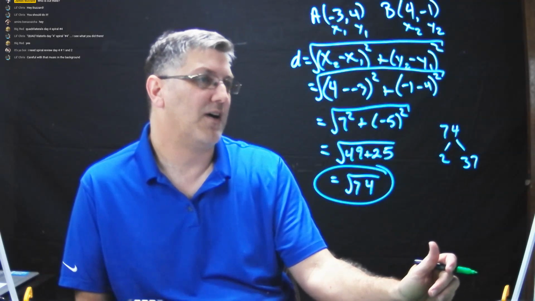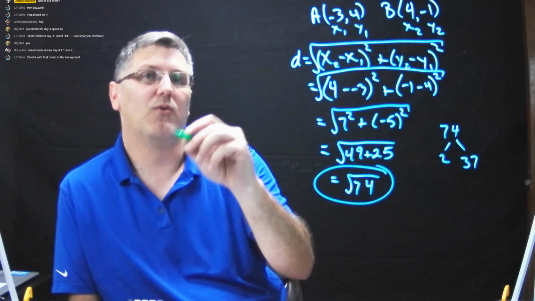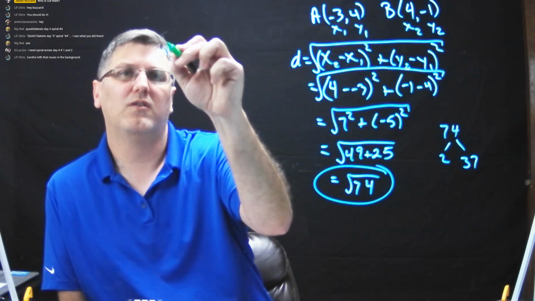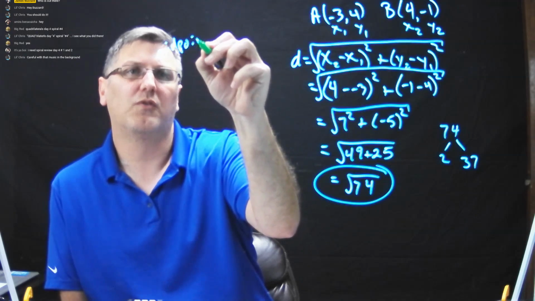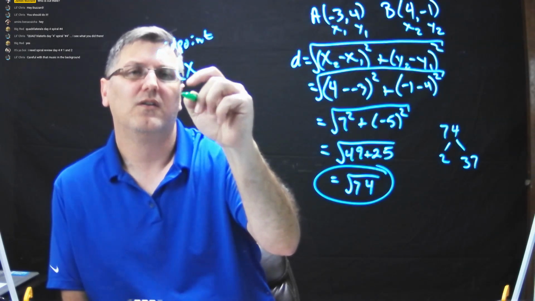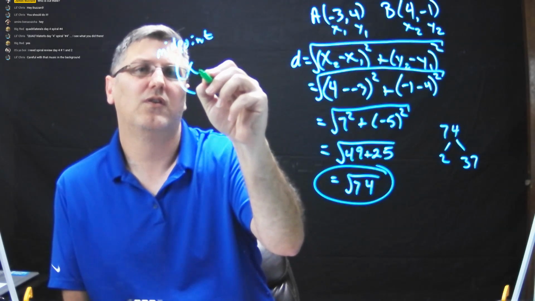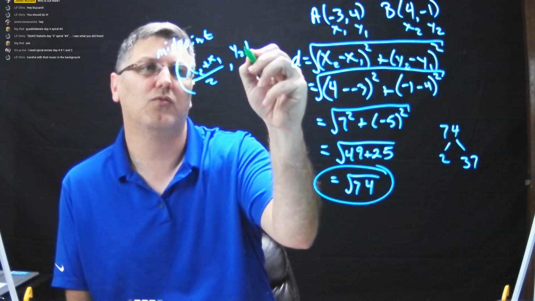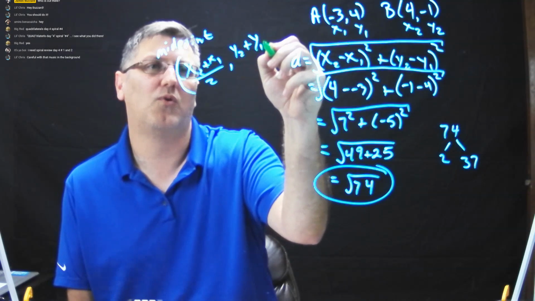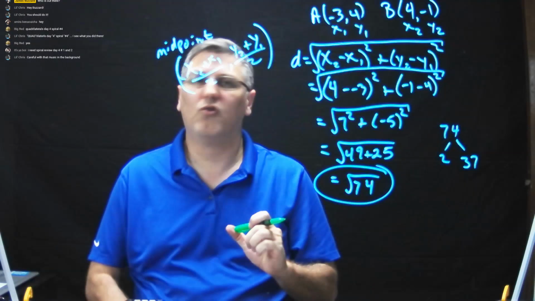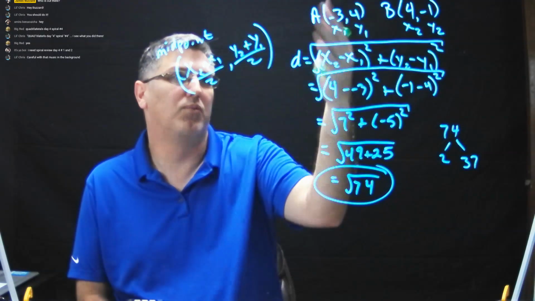Now, to find the midpoint, we have the midpoint formula. Just to remind you, we take the average of my x's, so x sub 2 plus x sub 1 divided by 2, and y sub 2 plus y sub 1 divided by 2. From here, we just plug in what we have.